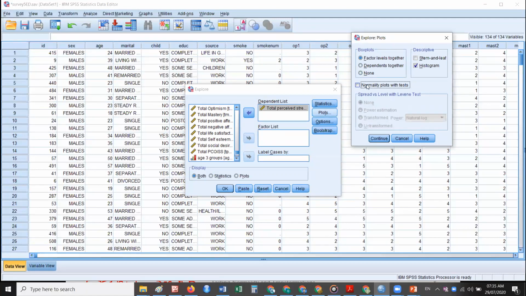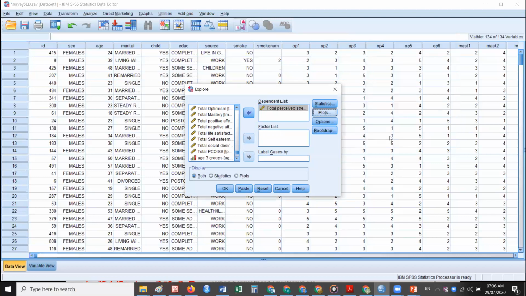If I uncheck this box, then these two tests will not be included in the analysis and will not be part of our output. Similarly, if I uncheck the histogram, then the histogram will not be part of our output. So I am checking histogram, and second, the normal probability plot with test. Click continue and OK.